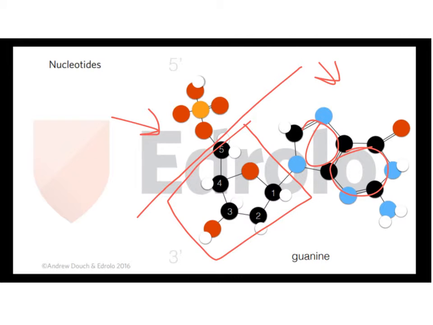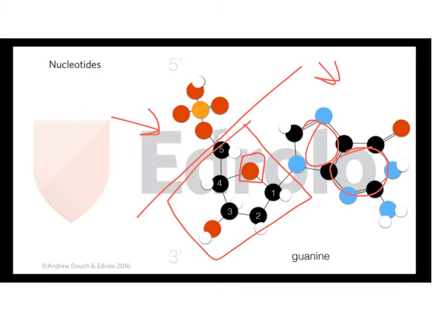So what we need to understand from this is our numbering of carbons, which is numbered here for us. So we always start at the carbon that's attached to that nitrogenous base. We then go clockwise and we number all of our carbons, remembering that we won't number this oxygen here because it's an oxygen and not a carbon.